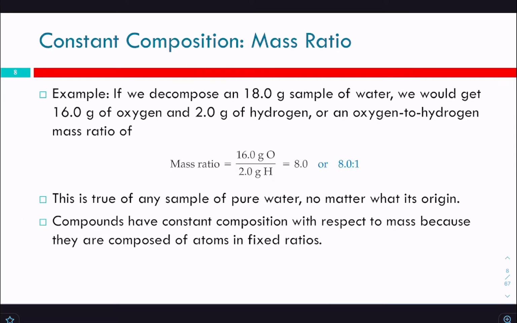So again, compounds have constant composition with respect to mass because they are composed of atoms in fixed ratios, and the mass of each of those atoms is the same.